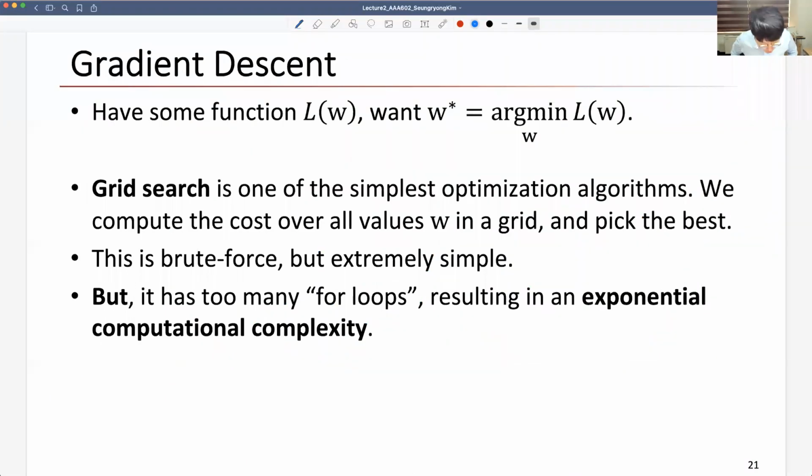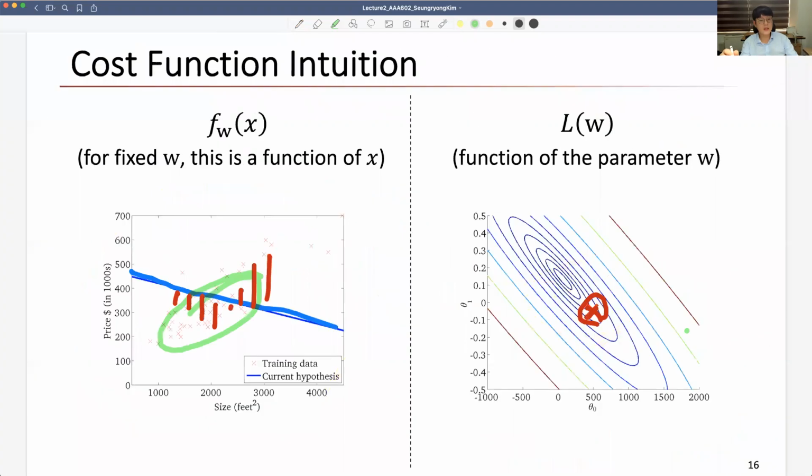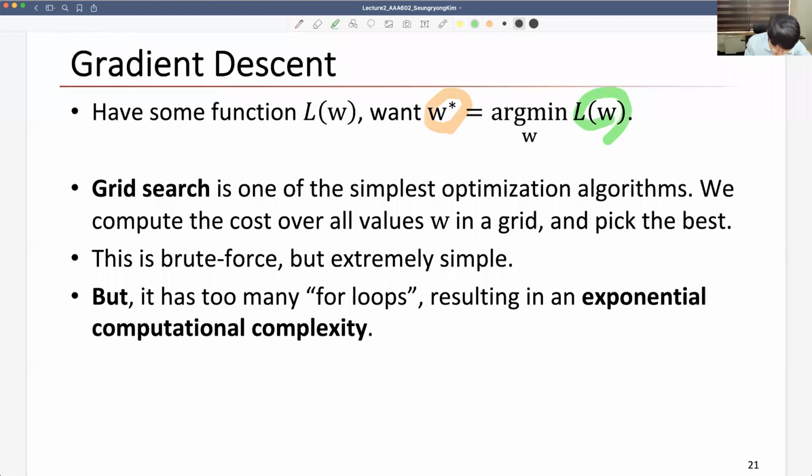Okay, so now we have a cost function. Then how can we find the optimal parameter W that minimizes this cost function? If you remember our previous example, we were just considering all the possible values, right? So previously, we just computed the cost over all the values of W in a grid, right?